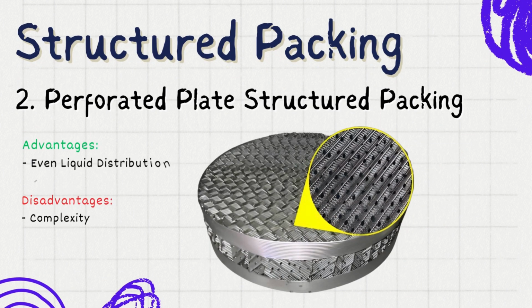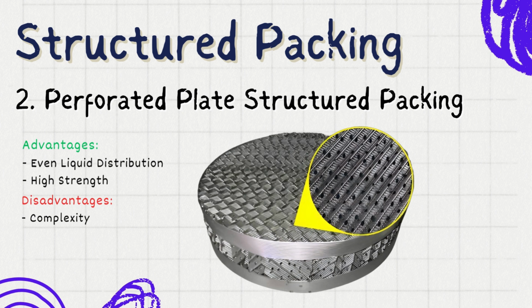Now, the second type of structured packing is perforated plate structured packing. In perforated plate structured packing, the packing is made up of metal plates that are perforated with 5 mm holes and corrugated together. This design ensures even liquid distribution and improves the surface wettability of the packing material.